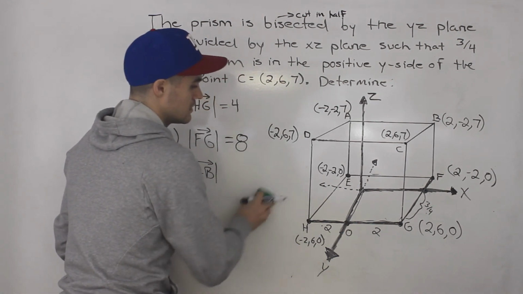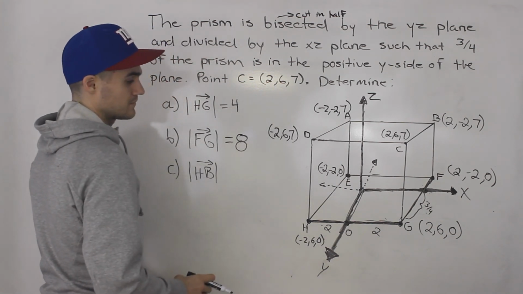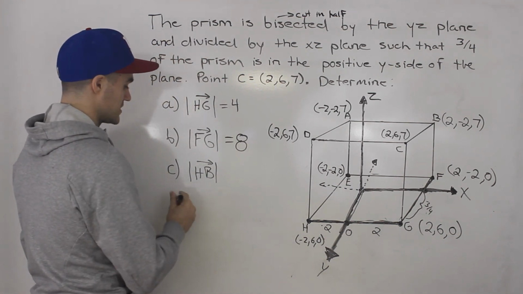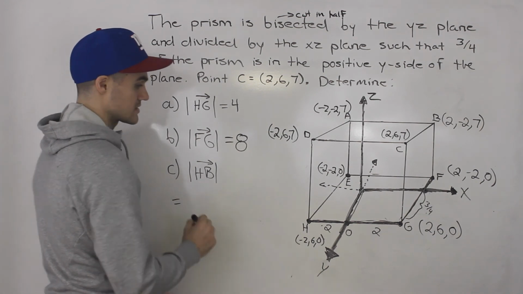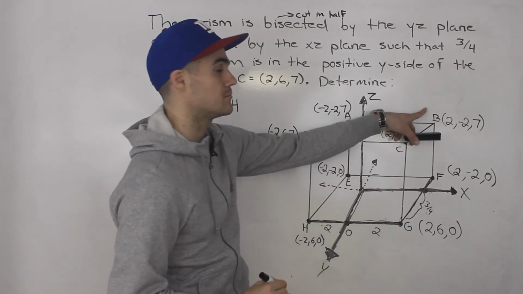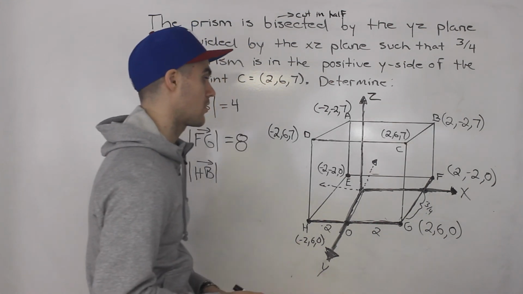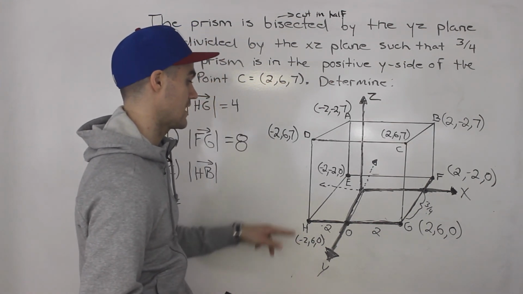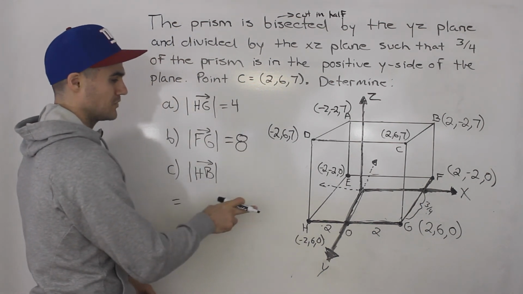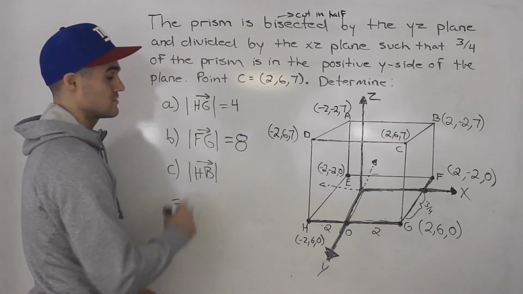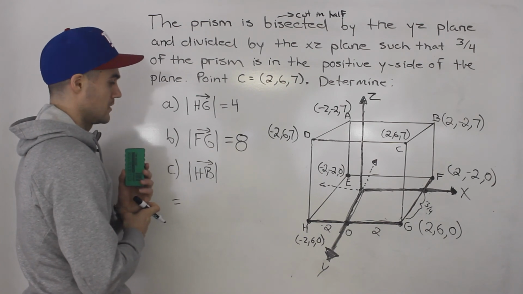And then the toughest one, we have to find the magnitude of HB. And now this one, you can't really do visually. So for this part C, you actually had to get the coordinates of H and B. And that was probably the trickiest part of the question, getting those two coordinates. And for this magnitude, you can't really do it visually. You have to use the magnitude formula.